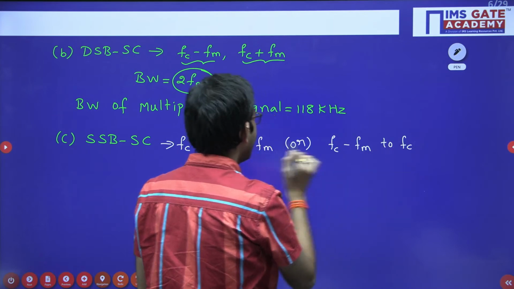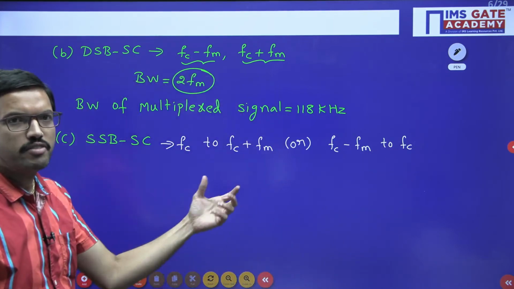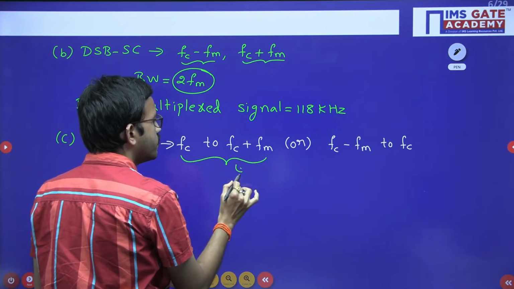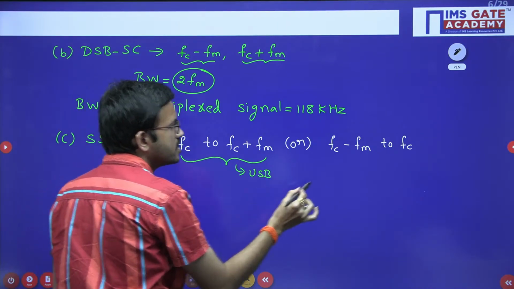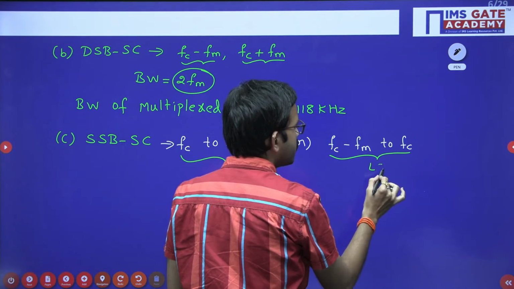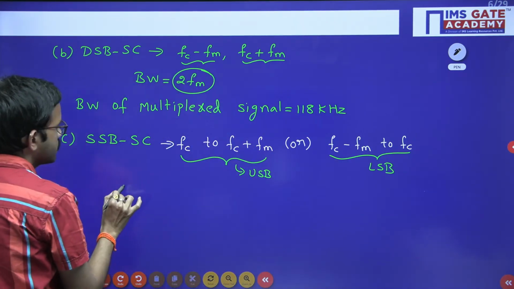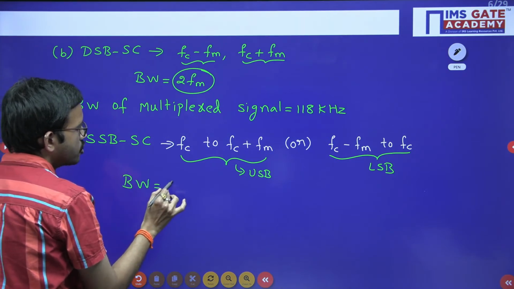Any one sideband we can use. Say for example, this is the upper sideband and this is the lower sideband. Any one sideband you can consider. What will be the bandwidth? You are going to get FM.